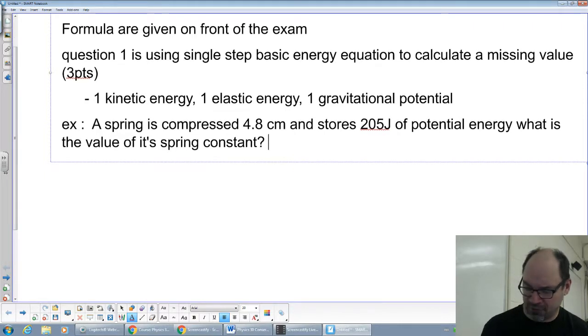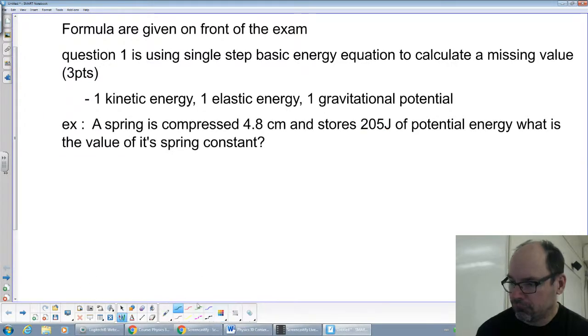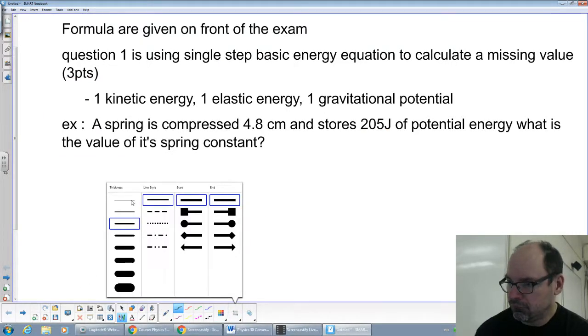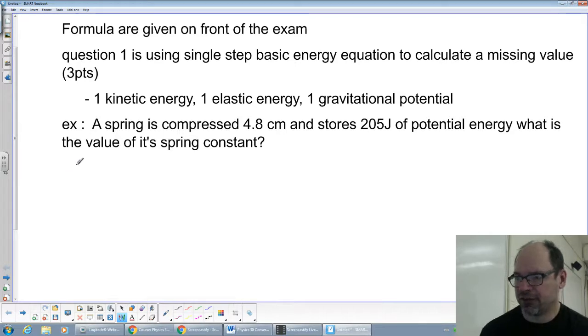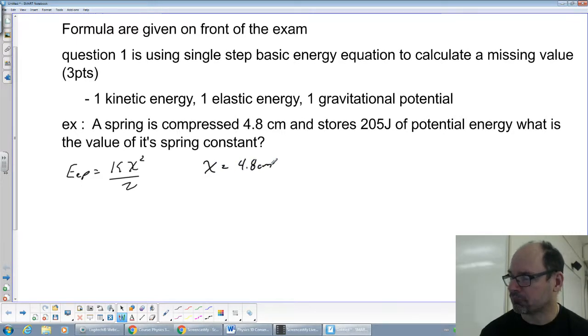Okay, so this is an elastic energy one. Elastic energy, that's kx squared over 2. We have to be careful that this is in meters. So x is equal to 4.8 centimeters, which if we change it into meters, we have to divide by 100.